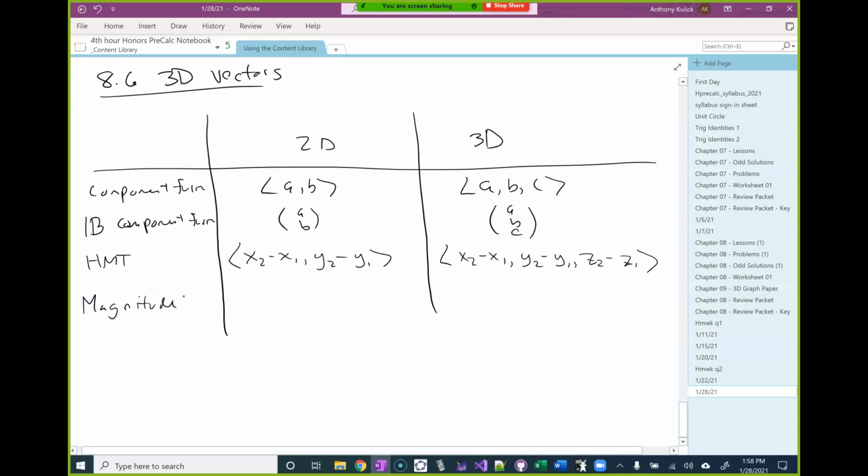So the magnitude there, same idea. Notice that I'm going to skip the direction of a vector, like the angle representation for the direction of a vector.